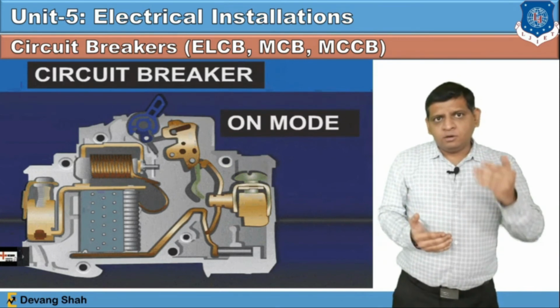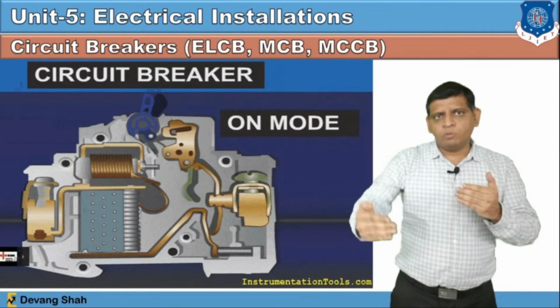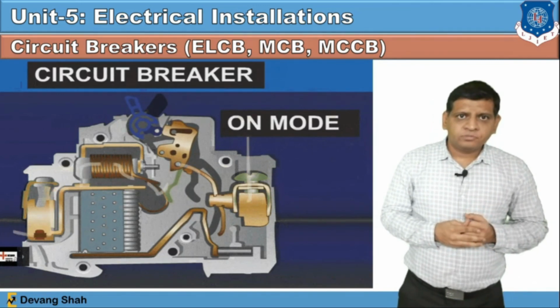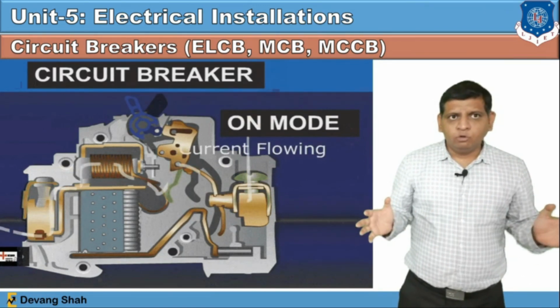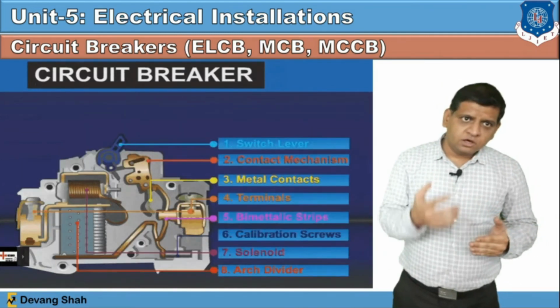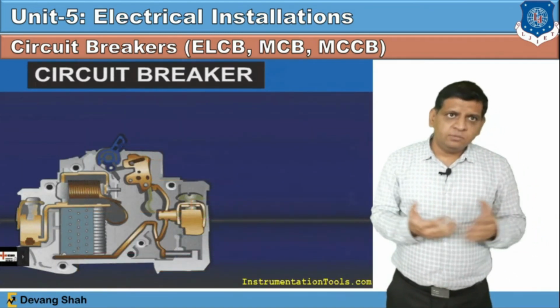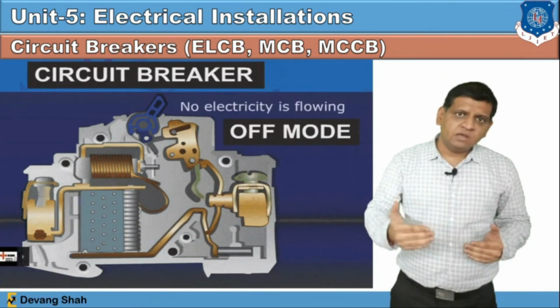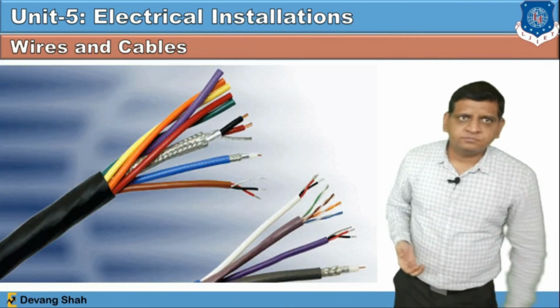So from source to home appliances, in between you have to use a circuit breaker. In on mode, there is a flow of constant current, but in off mode, when the current rating is high, this circuit will break the main circuitry. That way you can save your home appliances.